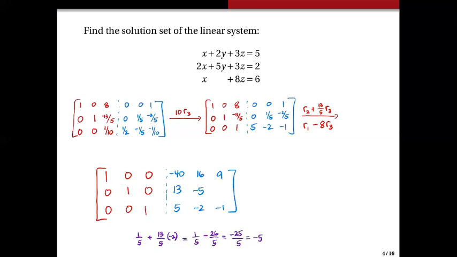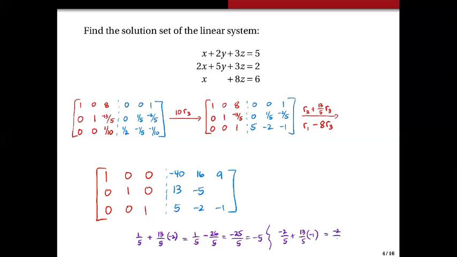Okay? And then for the last guy there, we have negative 2 over 5. So negative 2 over 5. And then in here, you have plus 13 over 5 times negative 1.